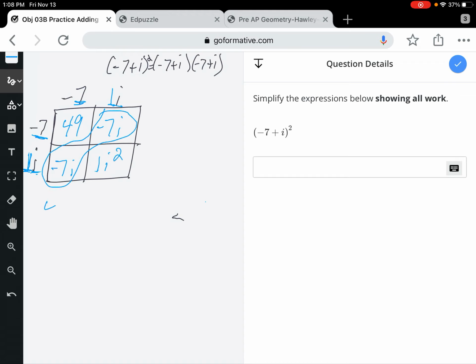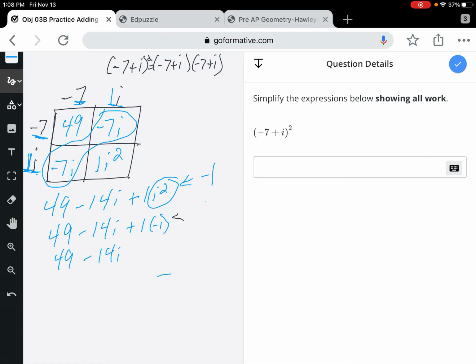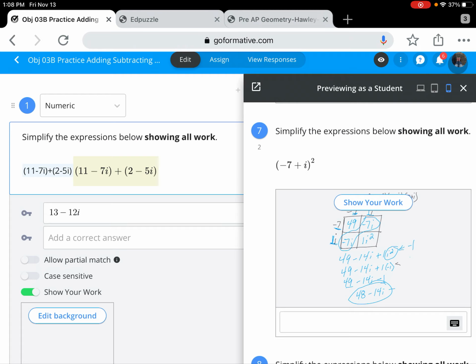These I can combine. 49 minus 14I plus 1 I squared. My I squared becomes negative 1. 49 minus 14I plus 1 times negative 1. 49 minus 14I minus 1. I can combine my like terms. 48 minus 14I.